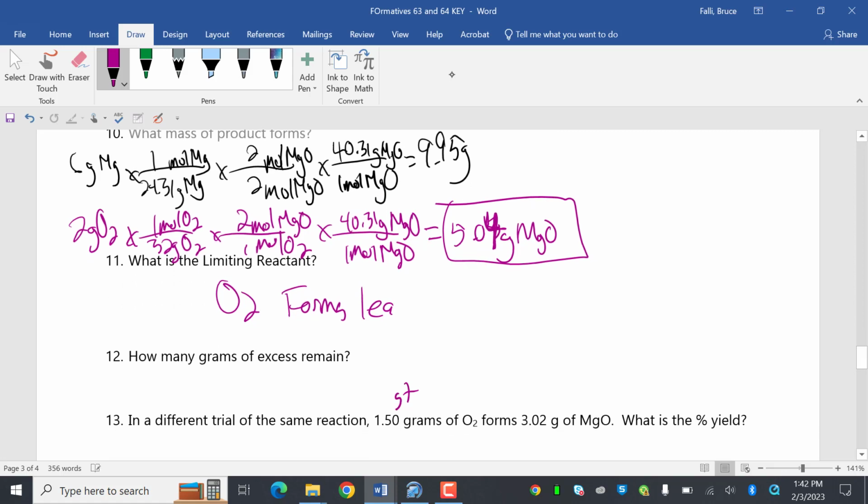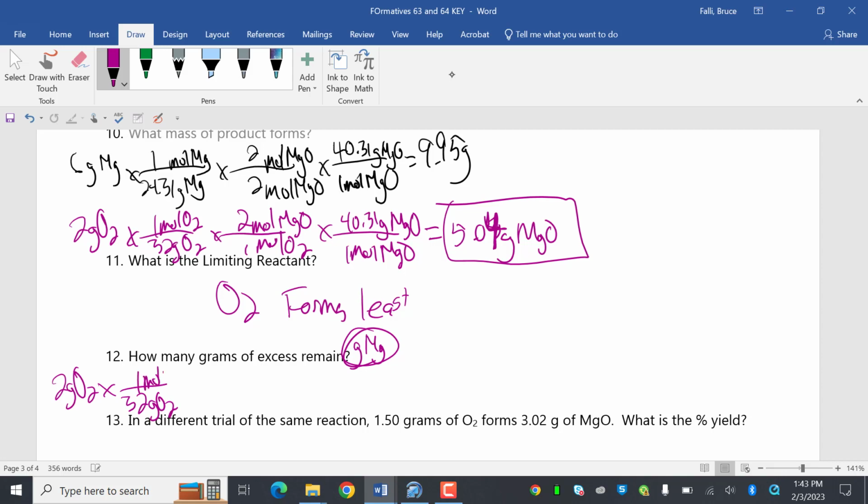Okay, so what I have to do for that, remember, is take my limiting reactant, O2. I have 2 grams of O2, and I'm going to convert it into grams of Mg. So 2 grams of O2, 32 grams of O2 per 1 mole of O2, times coefficients, 1 mole of O2 to 2 moles of Mg, times 1 mole of Mg and 24.31 grams of Mg.